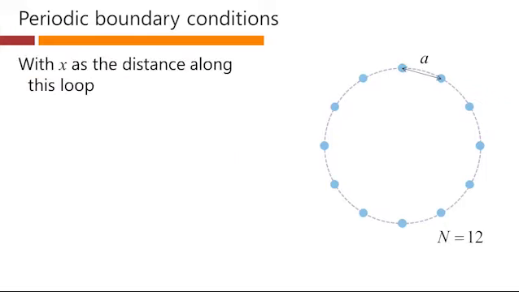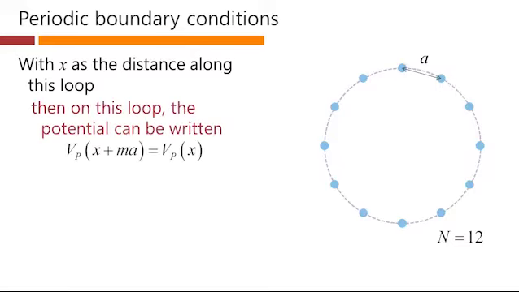So, with x as the distance along this loop, then, on this loop, the potential can be written in the following way. If we move some number m times a, and we'll make m an integer, of course, along the chain, we will get the same potential at that point as we had at our original point.